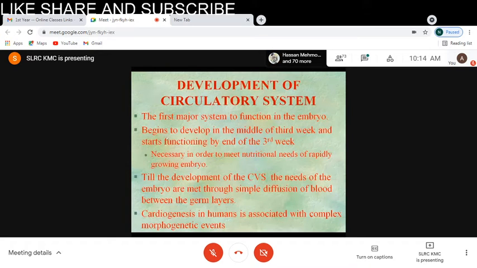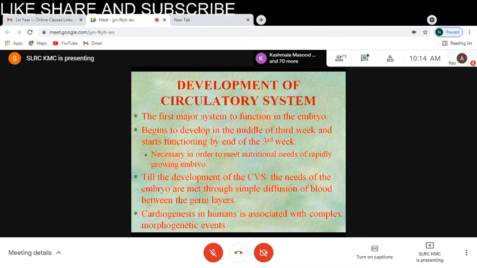It is because initially the nutritional requirements of the embryo are met through simple diffusion of blood between the germ layers and the maternal blood. But as the developmental process continues, the nutritional requirements increase, and they cannot be met by simple diffusion.